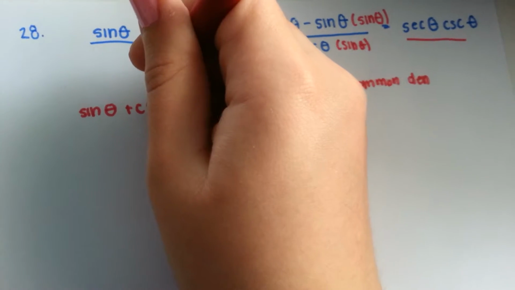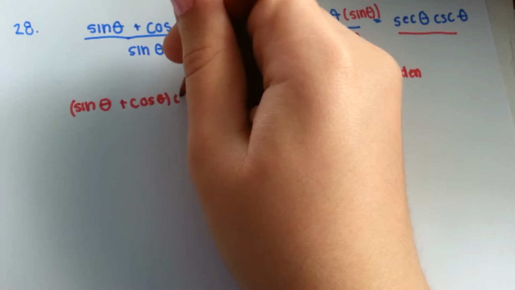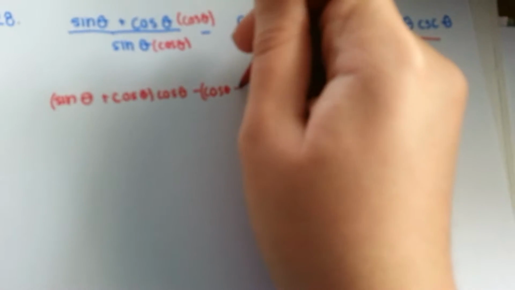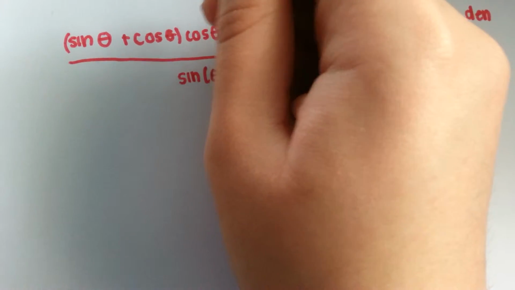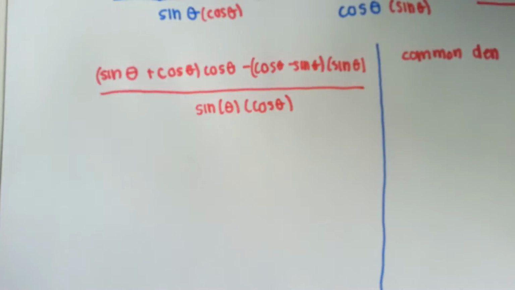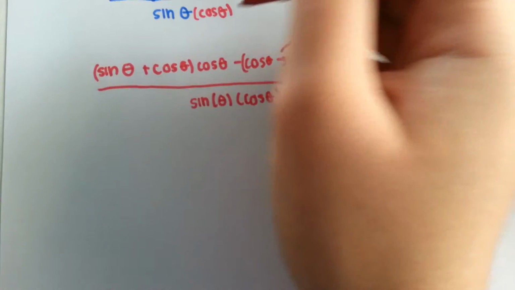So we have sine of theta plus cosine of theta times cosine of theta minus cosine of theta minus sine of theta times sine of theta, all over sine of theta times cosine theta.